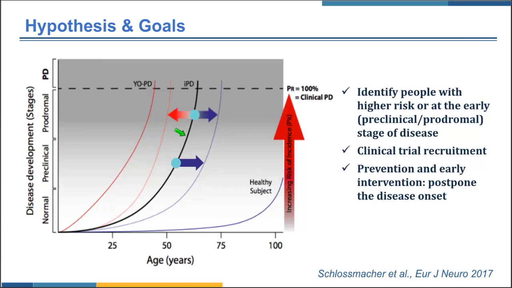There are also some rare cases of young onset PD, diagnosed before 50 or around 40. And people diagnosed with young onset PD are more likely to have a genetic cause.